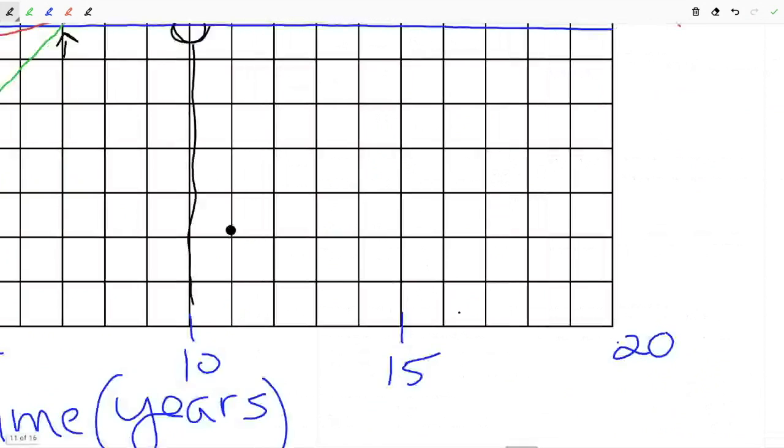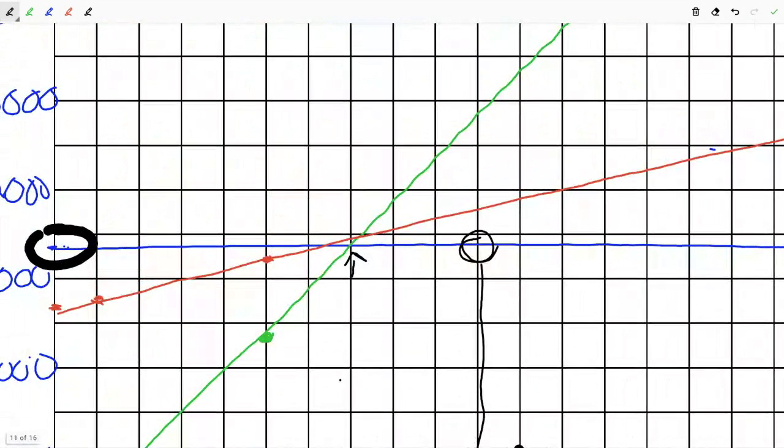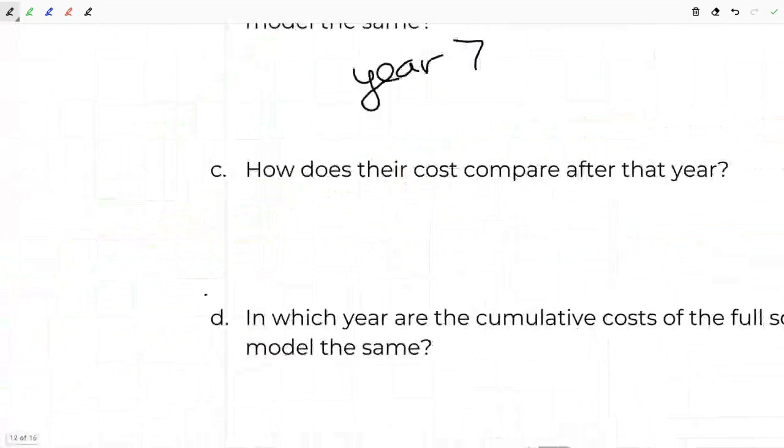Well, after year 7, we want to know how their cost compares, which is the grid cost continues to rise as the solar cost stays the same. I'm not going to write that out.